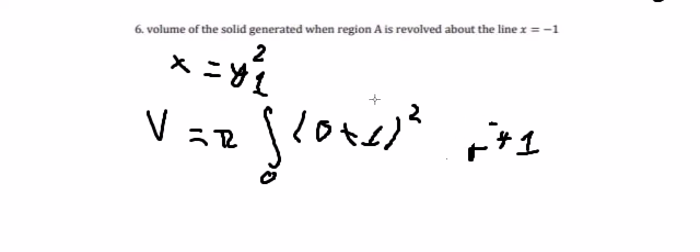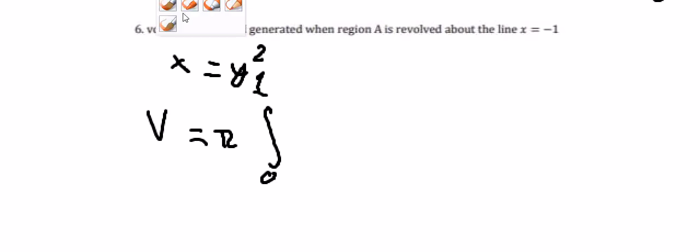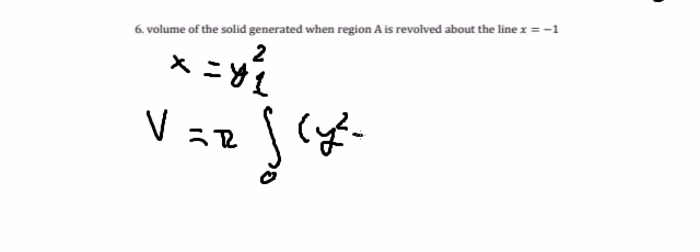Let's draw. That should be about y squared minus number 1 is about positive number 1 square minus, and we have 0 minus number 1, you got about positive number 1.